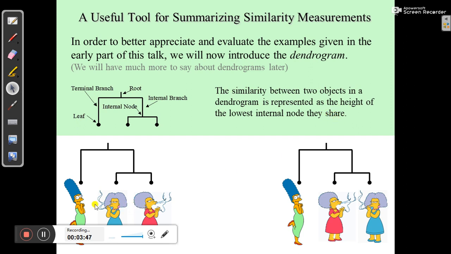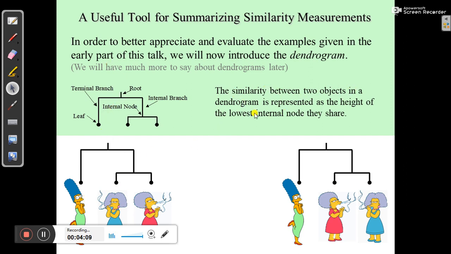Here you can see these two objects share the same height, that is why they share the same node, the internal node. And this object's height is not equal or similar to the rest of them, so it is separated out at the root.